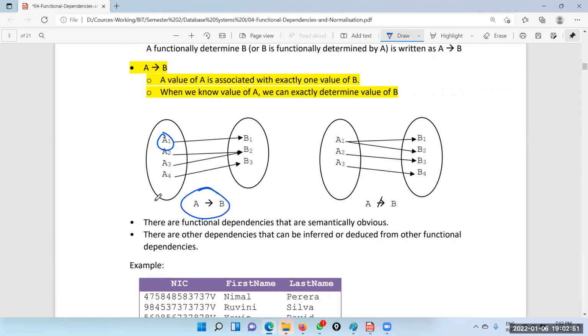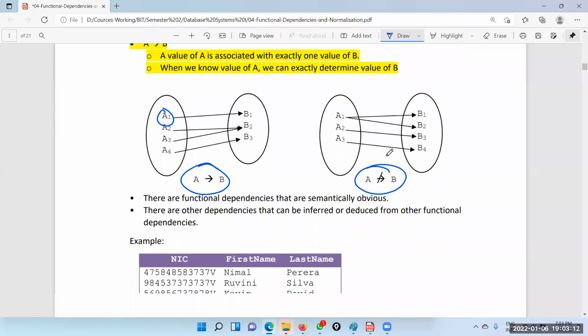Therefore A functionally determines B. But here B does not functionally determine A, because B2 maps to both A2 and A3, so we can't say which one it is. But clearly A determines B. I hope you got it.